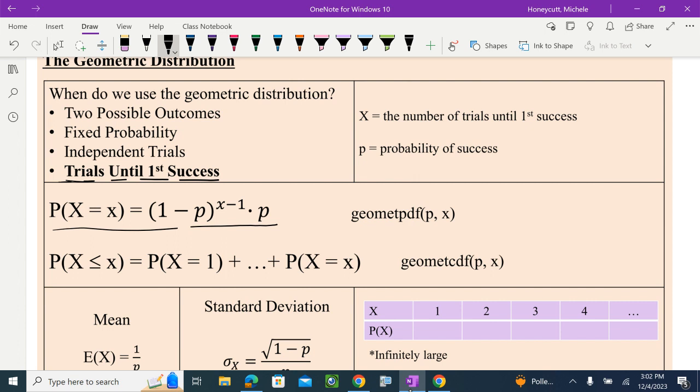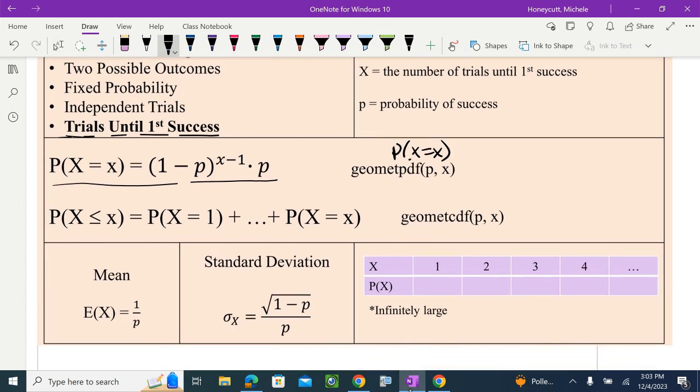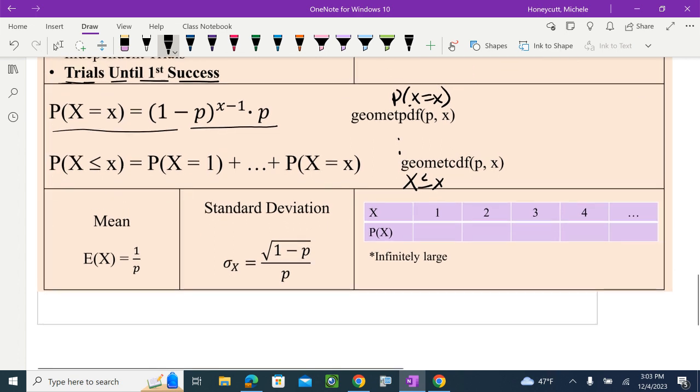We use geometric PDF whenever we want to find the probability that x equals x, versus geometric CDF when we want to find the probability that x is less than or equal to. And then we also have formulas for the mean and standard deviation.